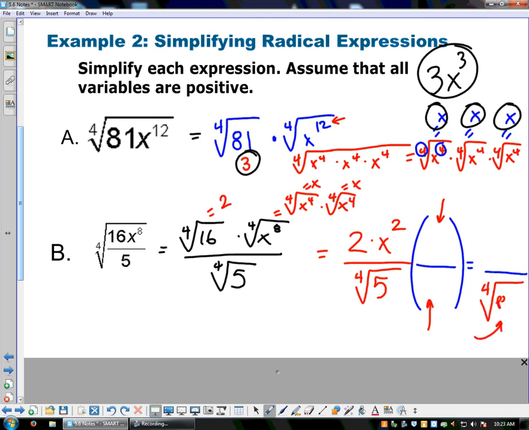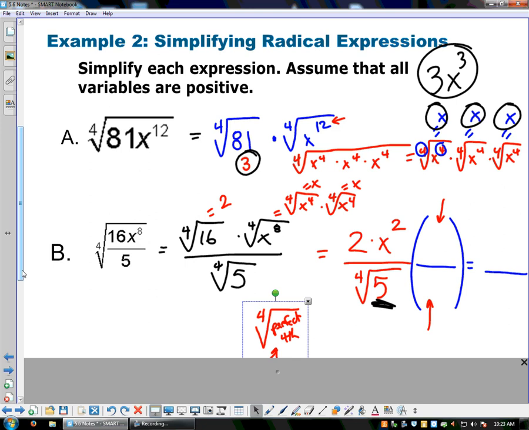We want to end up with a perfect fourth here. So you're going to look at your list and say, what number is in my list of perfect fourths? Check out that little half sheet I gave you. What would be a perfect fourth, but it has to be something that 5 divides into?